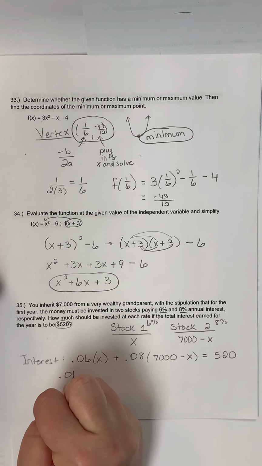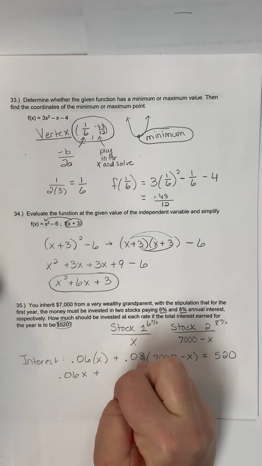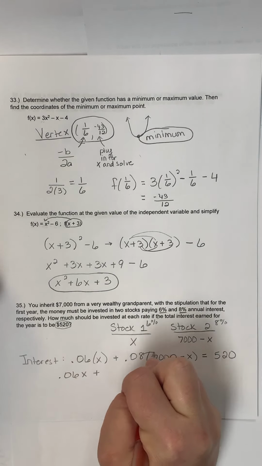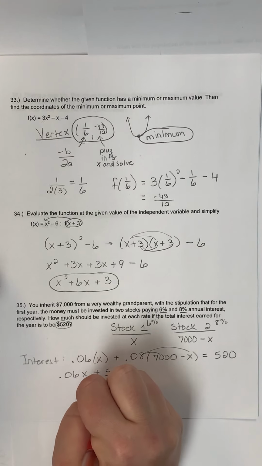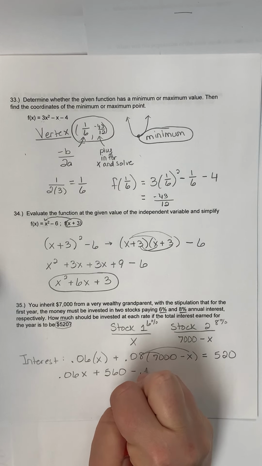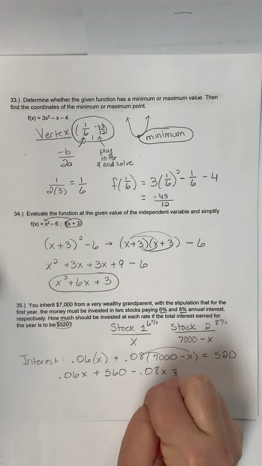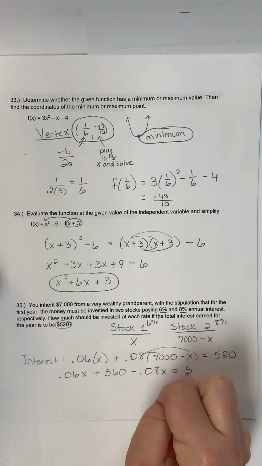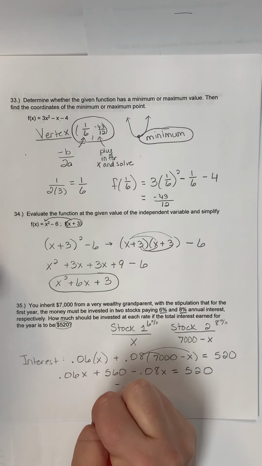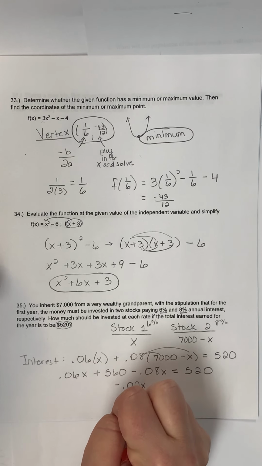Okay, let's clean it up a little bit. We're going to distribute this 0.08 through here. 0.08 times 7,000 is 560 minus 0.08x equals 520. Okay, let's combine these x terms here. I get negative 0.02x.